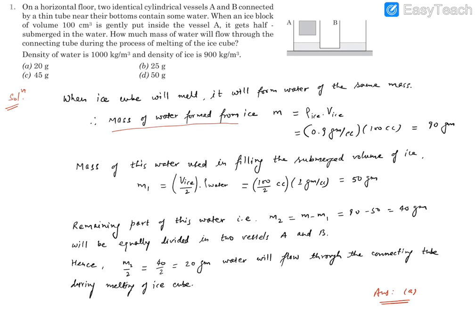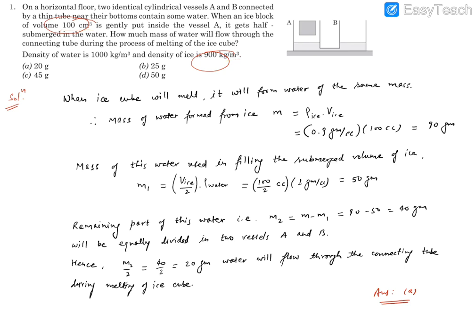So the mass of the water formed from ice is going to be m, equal to the mass of the ice that melts. How much ice melts? About ice we have its volume and its density, so we can multiply the volume and the density to get the value of mass.